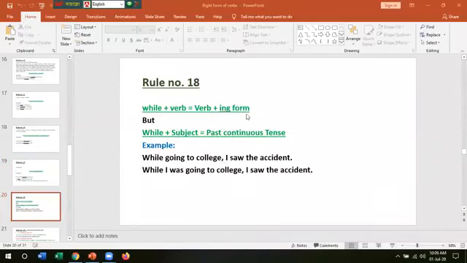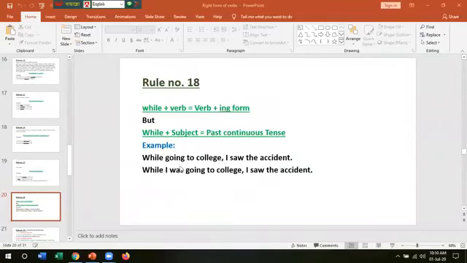Then rule number 18. It is a very important rule, while. If there is while and just after while there is a verb, then we will always use the verb plus ing form. But if there is while and after while there is a subject, then we will follow past continuous tense.